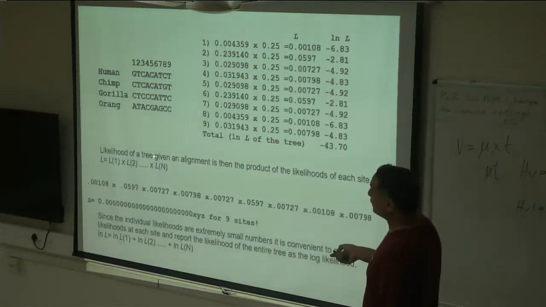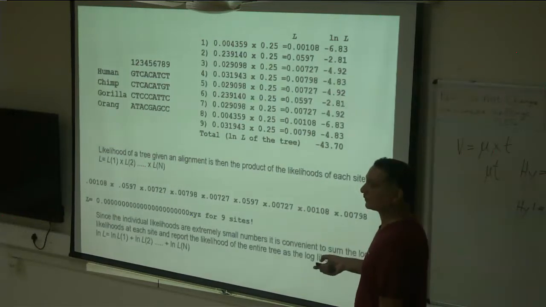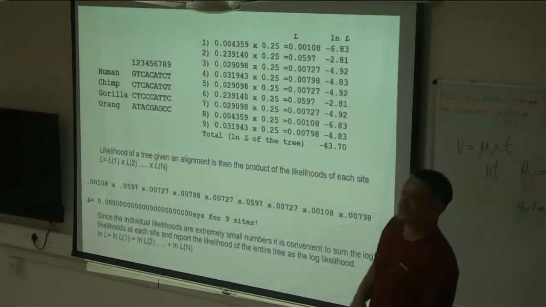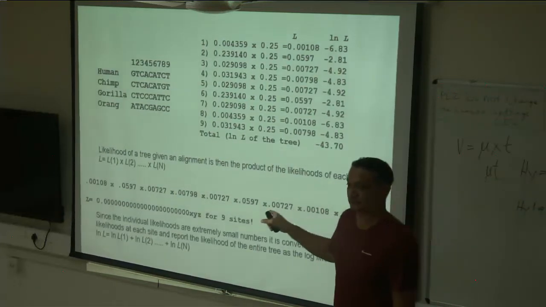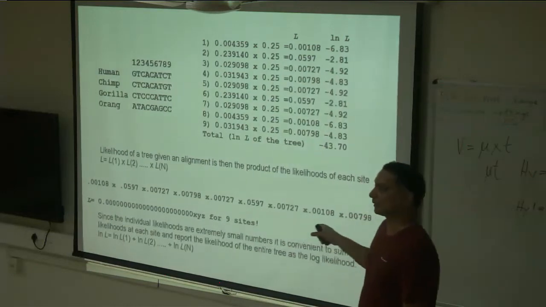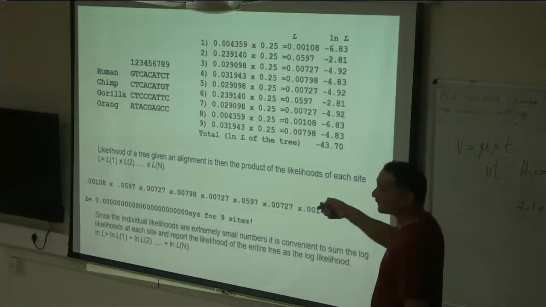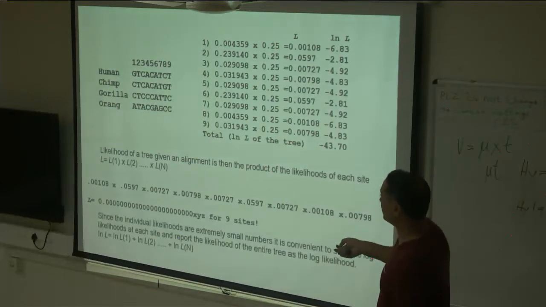Now, the likelihood of a tree given an alignment, that is all the sites, is the product of likelihoods of each site. This is where the product comes into play. Because each site you're calculating separately, and then eventually you have to multiply the likelihoods from each of those sites.